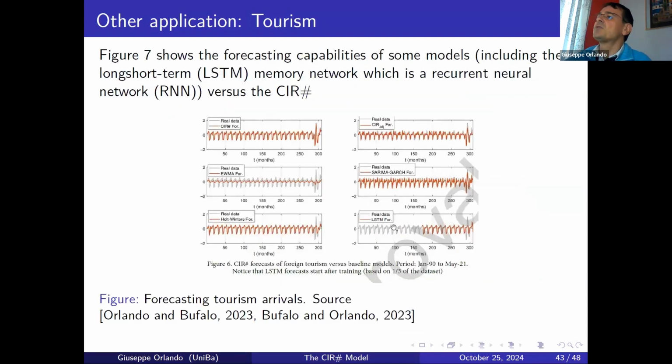So here we took Holt-Winters, SARIMA-GARCH, and a machine learning model, like a long short term memory network. And you can see that all fail when there is this spike in data, when there was the COVID pandemic.